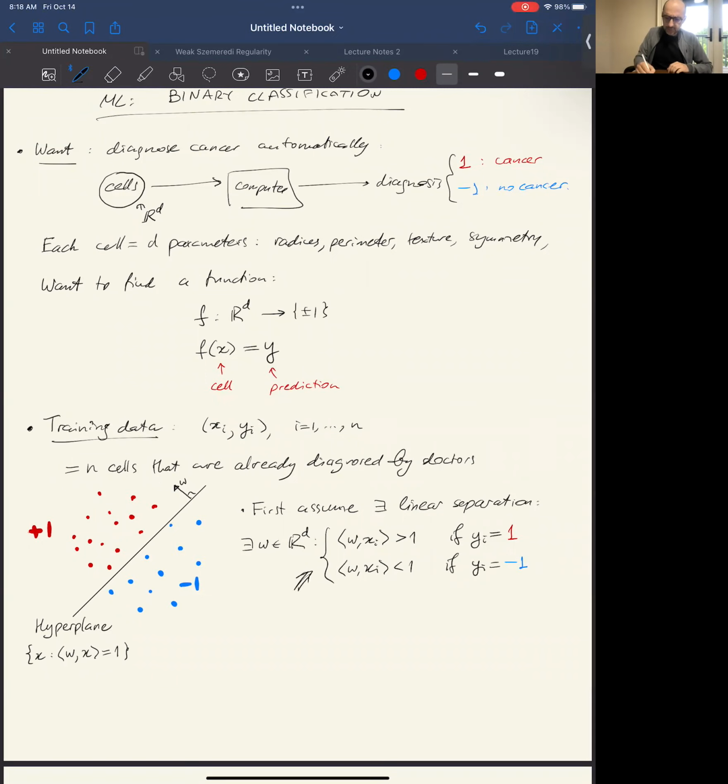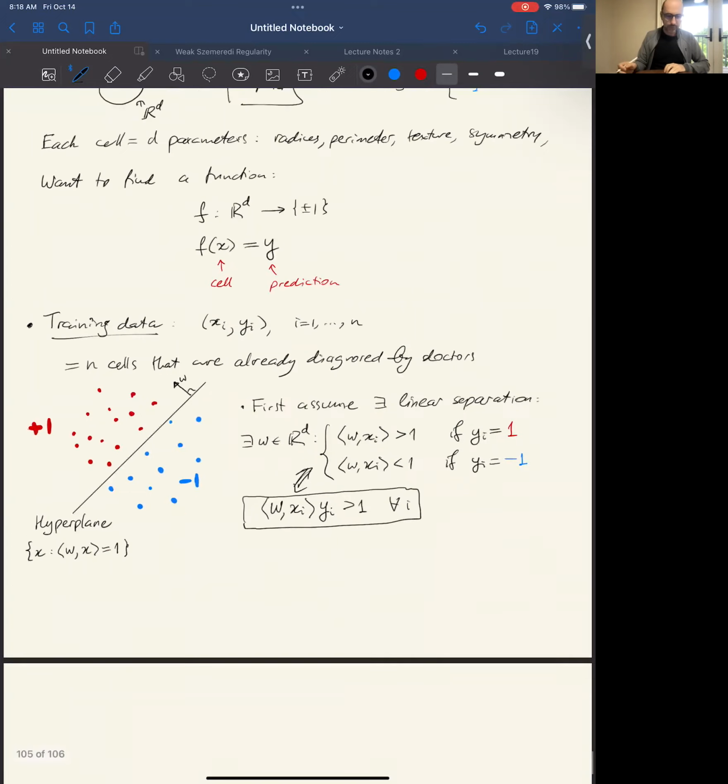We can write these two inequalities compactly as one inequality: the inner product of W and xi, multiplied by yi, should always be greater than 1. So that's our assumption, that such a vector W exists. Okay, so if that happens, then we just tell the computer, please find that W, and we're done.